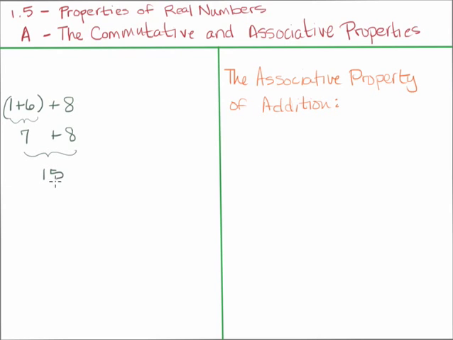I get 15. But what if I had 1 plus 6 plus 8, like this? Well, order of operations again tells me that I have to do this first. 6 plus 8 is 14, and 1 plus 14 is 15. Notice that the results are the same.